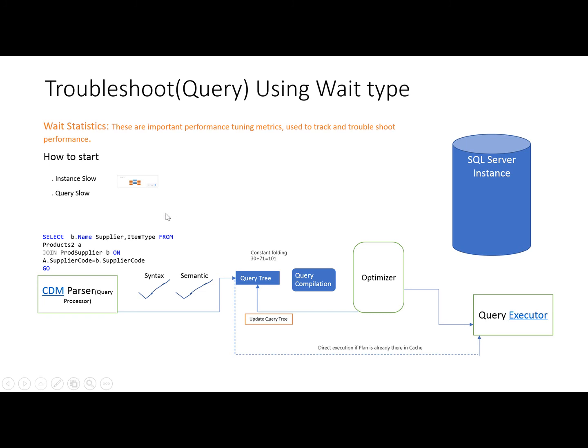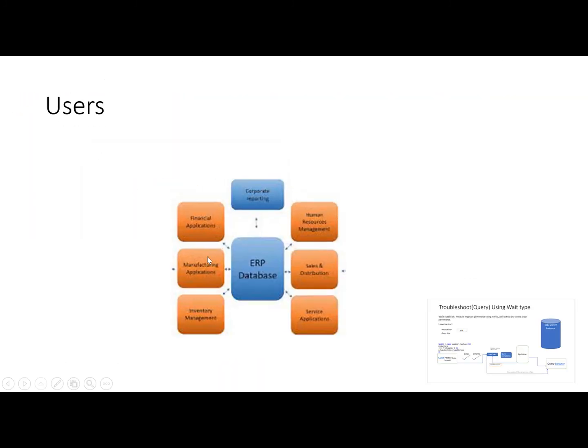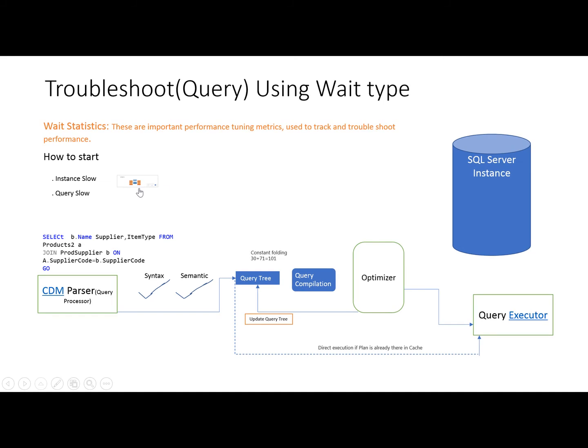If a particular user from any department, for example from the inventory department, is printing the cost related to the items, and he starts complaining that this report was working well before but now it's very slow, then we have to consider only the area related to that module.